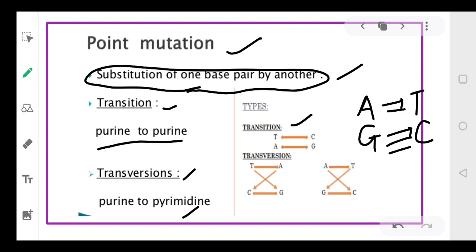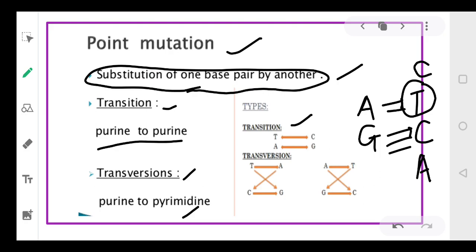Now here we have T. Suppose this T gets replaced by C. Or this C gets replaced by A. Then it is called a transition.